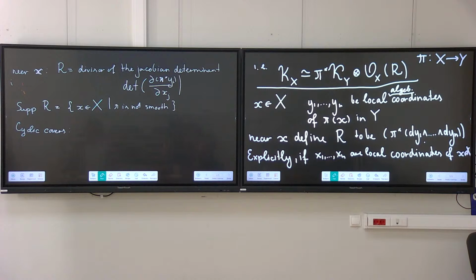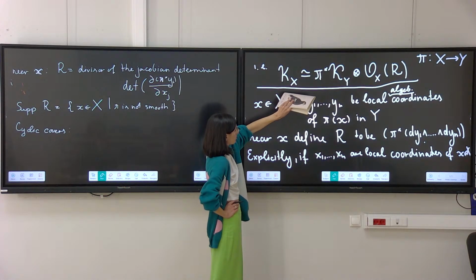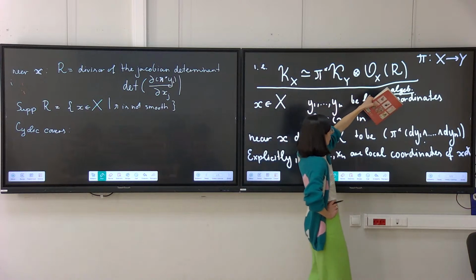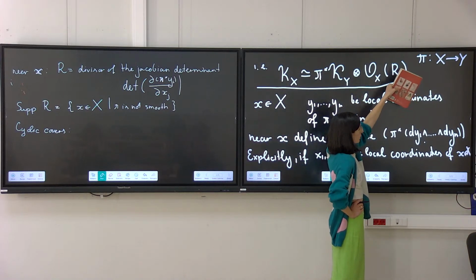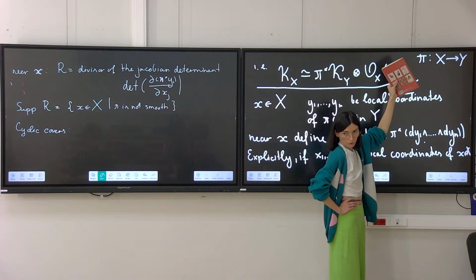Maybe it's better to start the next lecture with a reminder of what a cyclic cover was and how we can rewrite this formula in this case in terms of a vector bundle on Y, because I also wrote this formula and there were some questions.